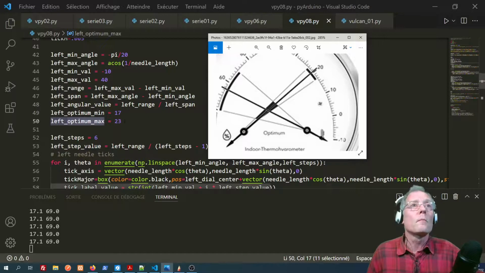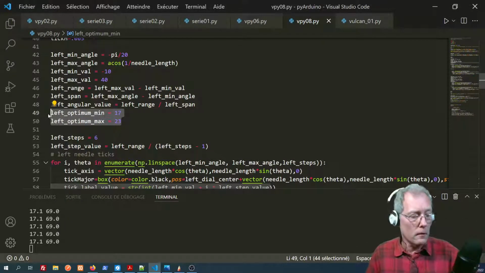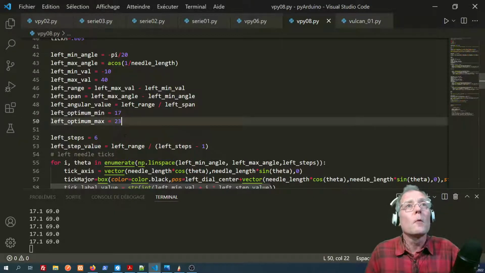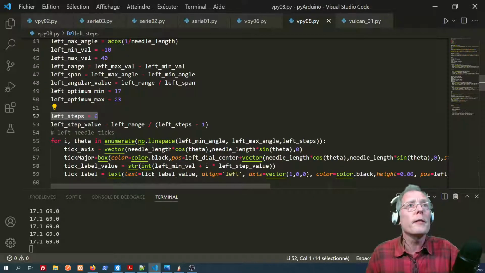So this will enable me to draw those two lines representing the optimum zone for the temperature. Okay, the steps is what we used before in your solution already. I can calculate here a step value. Step value will be the range over the left step -1.